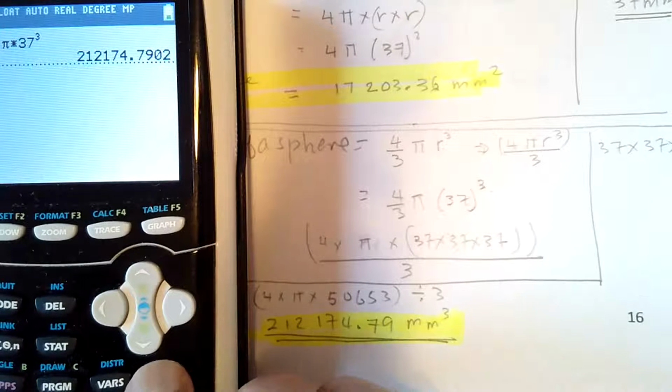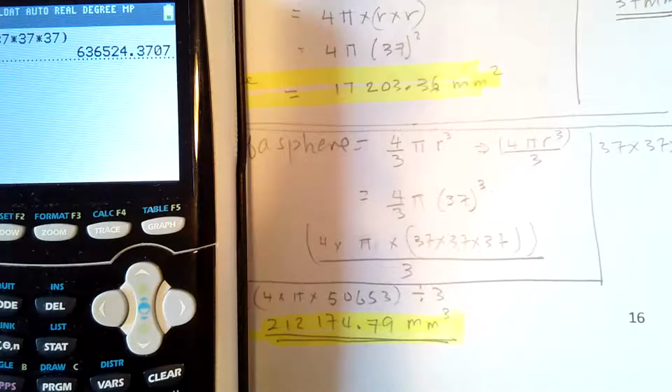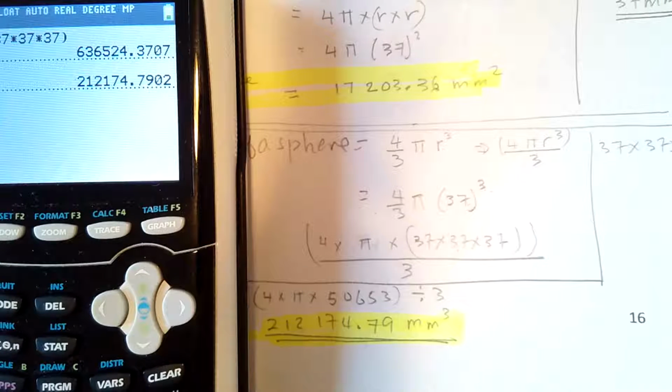Another strategy you could use, if you can go 4 times pi multiplied by, now if you don't have a power button, you can put your 37 times 37 times 37, close bracket, and divide it by 3. So those are the different ways of using your calculator to arrive at your final answer.